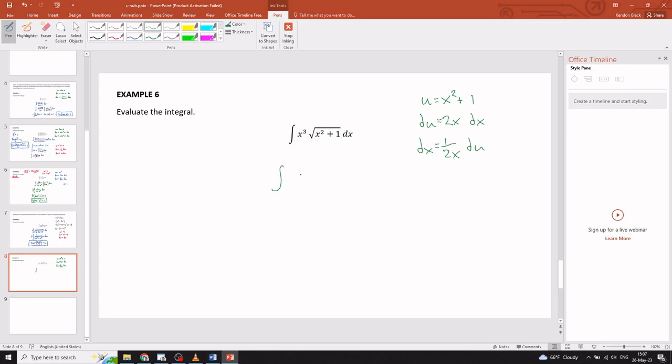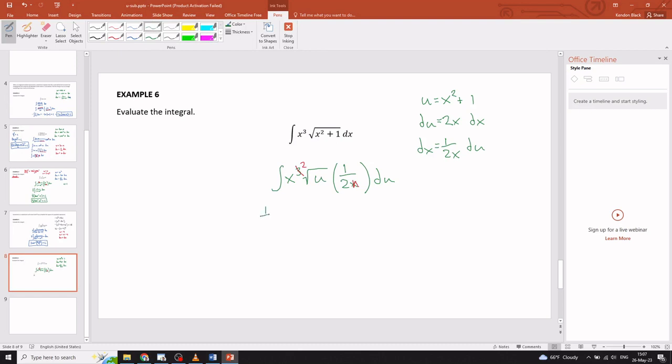So we have integral of x cubed root u times 1 over 2x du. Okay, one of these x's will cancel. And the 1/2 we can pull outside the integration symbol.